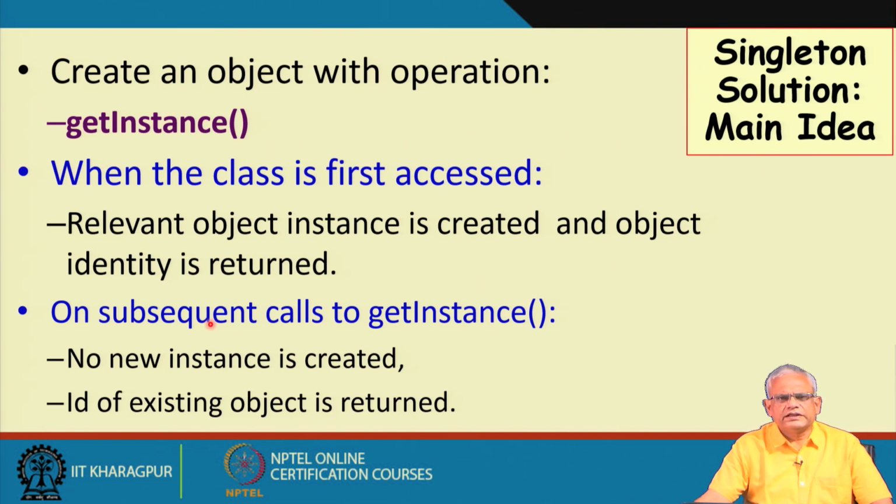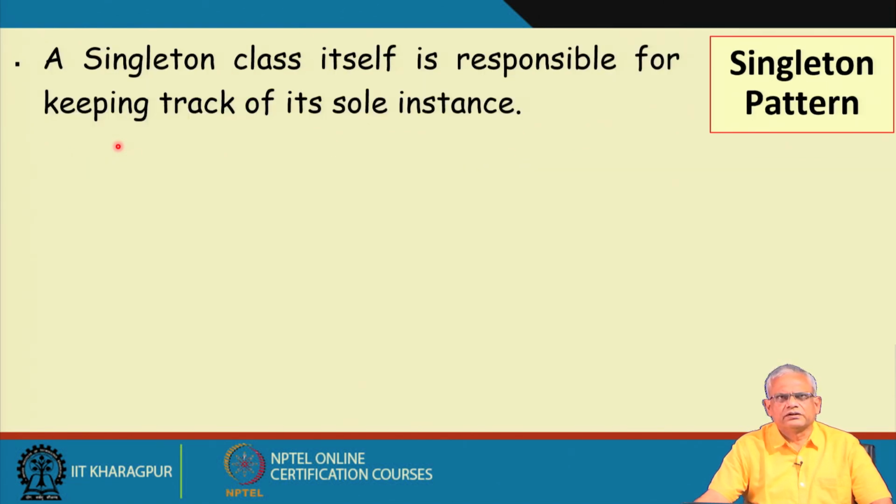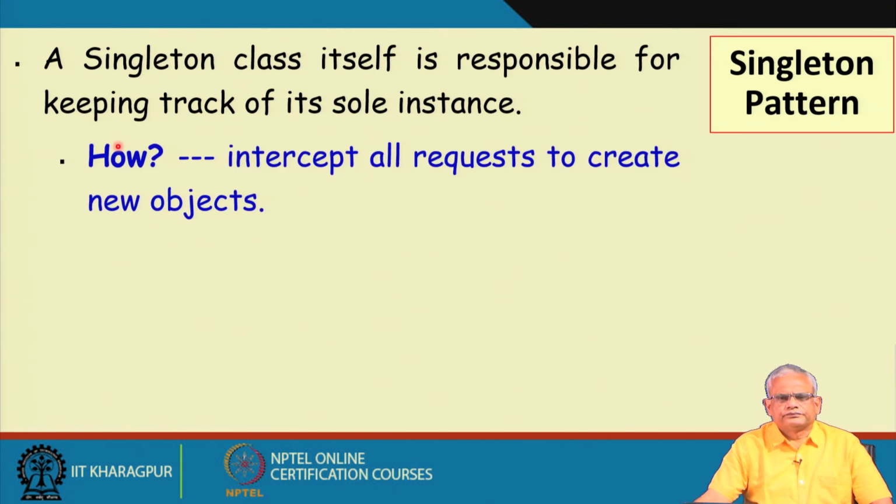Therefore, we can say that getInstance is the only way to create an object, and here getInstance checks whether an object has been created, and if it is not created, it creates it, and if it is already created, returns the ID only. That is the main idea here, that the getInstance method intercepts all requests to create new objects.